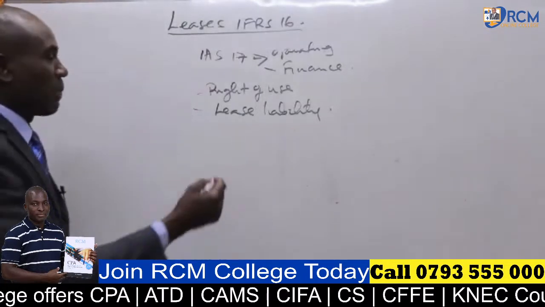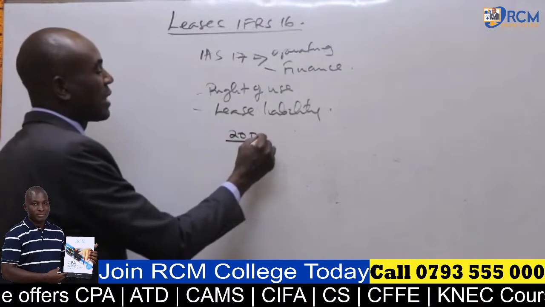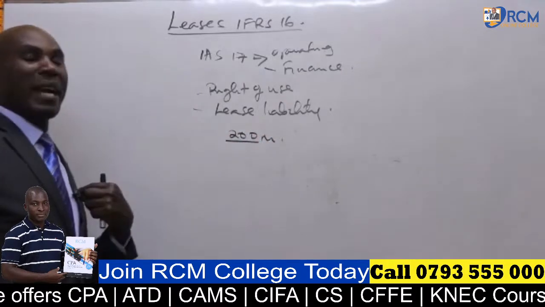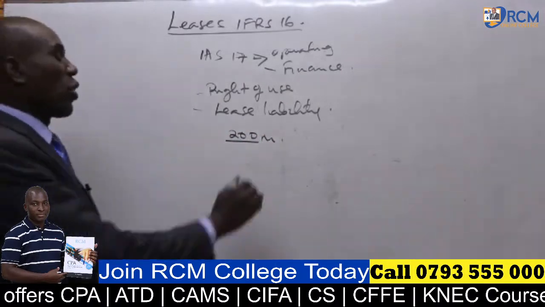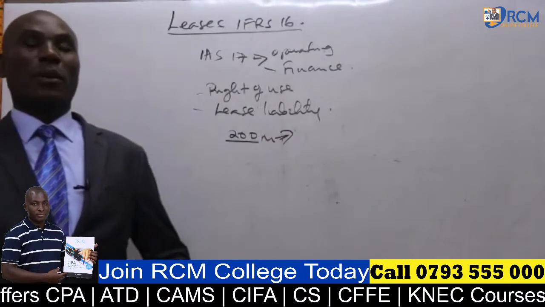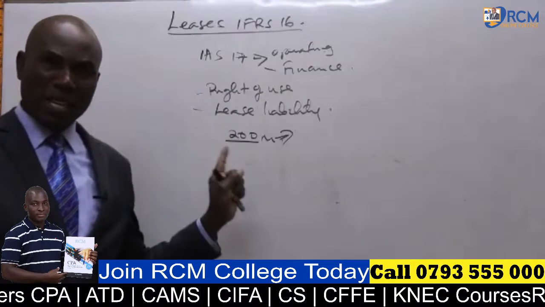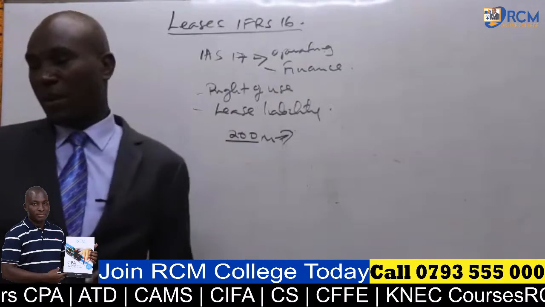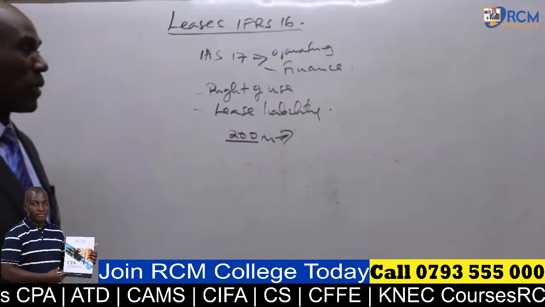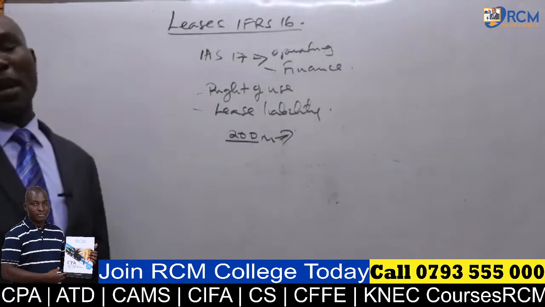For example, the asset cost to the owner of the asset is 200 million. I, as the lessee, the borrower of the asset, will not recognize 200 million. What I will do is look for the present value of minimum lease payments.